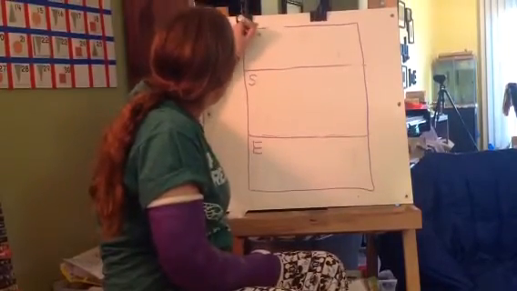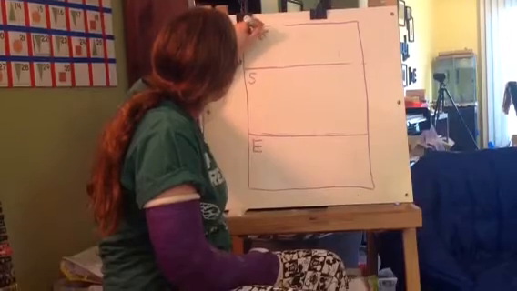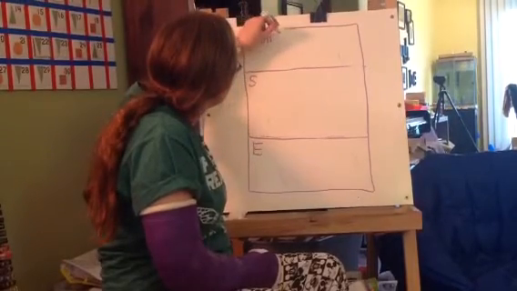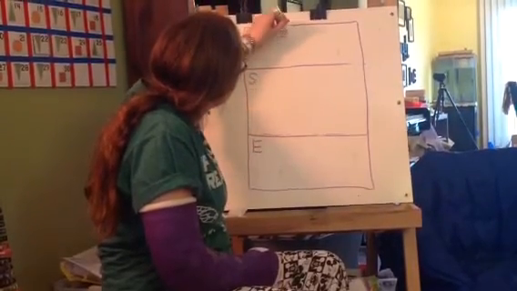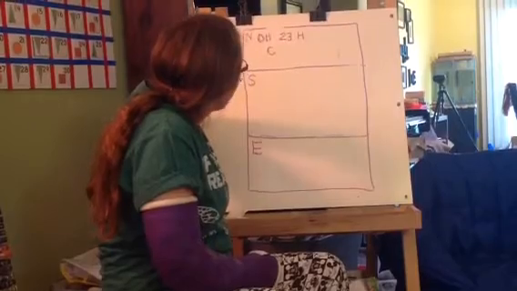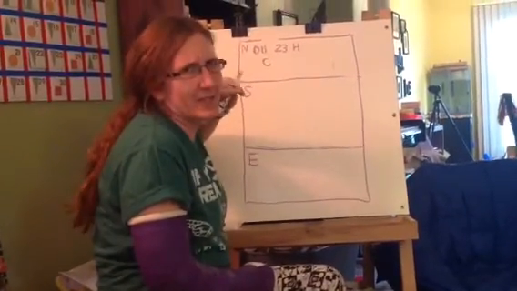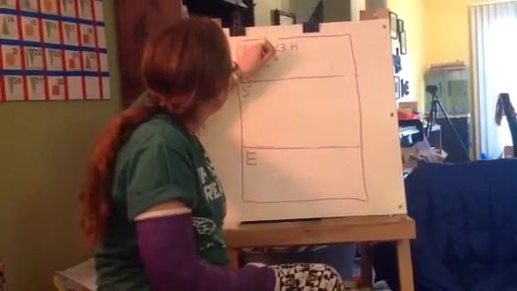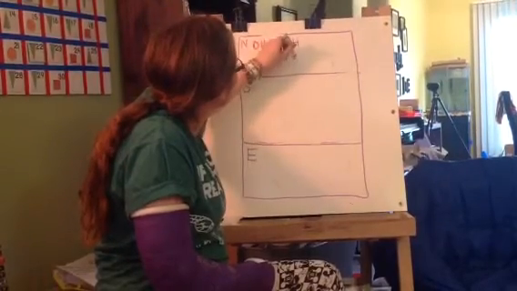So Dylan H. went to the store and he got 23 hamsters. And then Cameron went to the store and he got 17 hamsters.